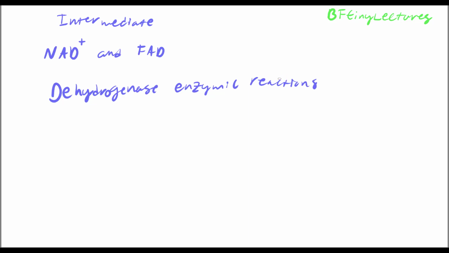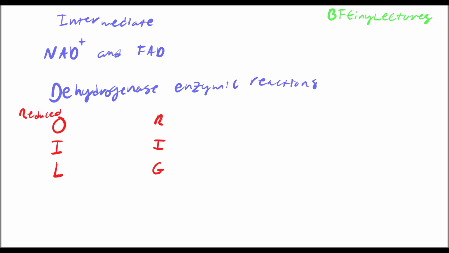Essentially, whenever you do dehydrogenase enzymic reactions, you're going to be reducing the NAD and FAD. So what does that mean? Well, remember when I was talking about OIL RIG? Oxidation is loss of electrons, and whatever is oxidized is going to be reduced.